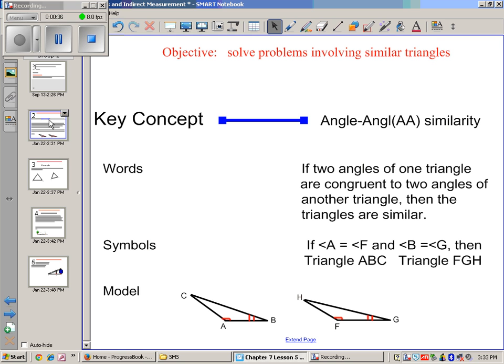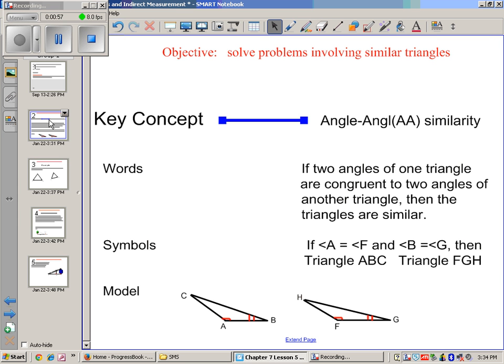Okay, here's our key concept for this lesson. Angle-angle similarity. We're missing an E in there in the second angle, but it's AA. You'll need to know that for future reference. The words for this: if two angles of one triangle are congruent to two angles of another triangle, then the triangles are similar.